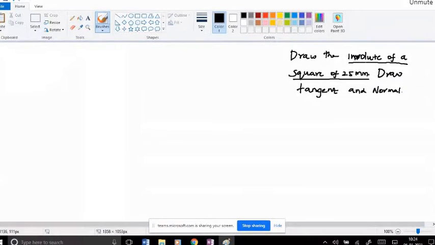First, you need to decide whether the unwinding happens in the clockwise direction or anti-clockwise direction. Let's make a square something like this. Whether my screen is visible, if not, please let me know.